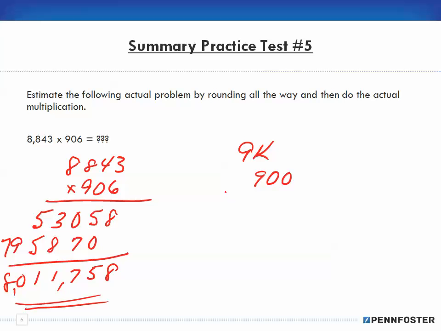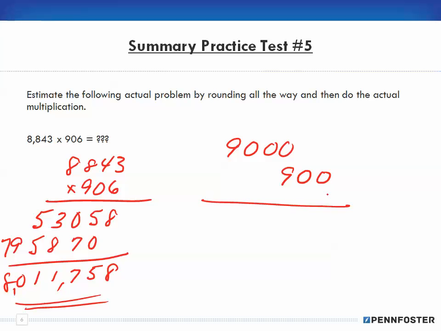Oops, let me erase all of this real quick. This is one of those cases where I do the 9,000 and then 900, and you'll see why: I can shift these 2 zeros to the right and just bring them down, and then just do the 81.